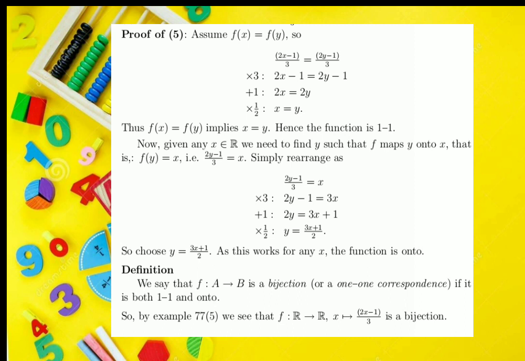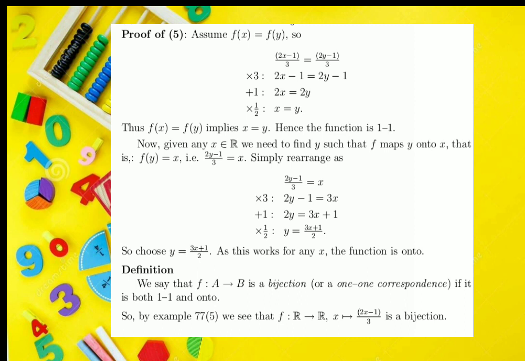Adding 1, 2x is equal to 2y. Multiplying by one half, x is equal to y. Thus f(x) equals f(y) implies x equals y. Hence, the function is one-to-one.